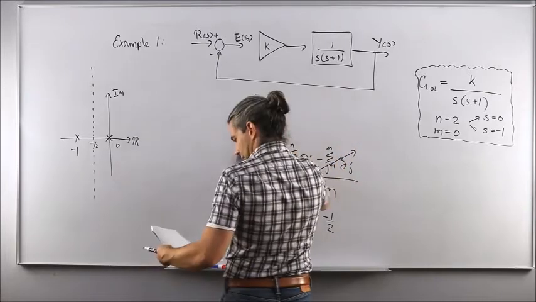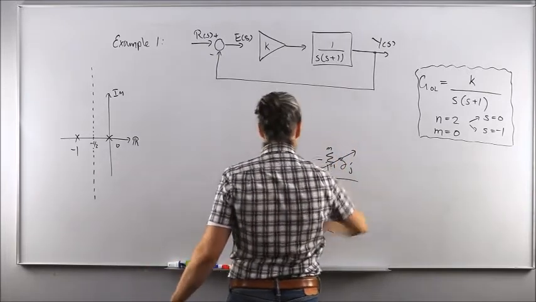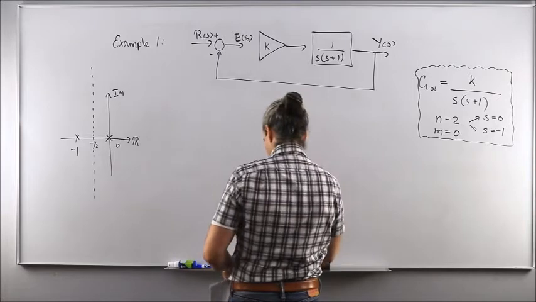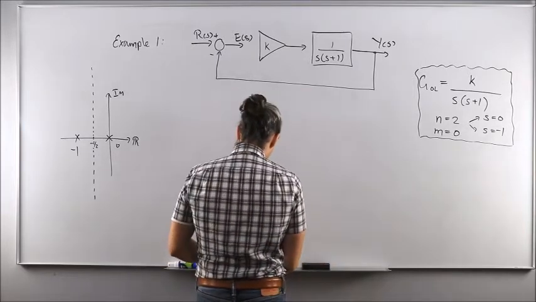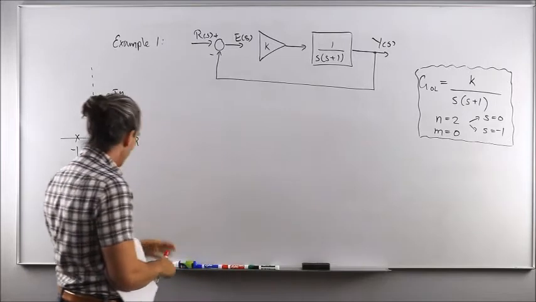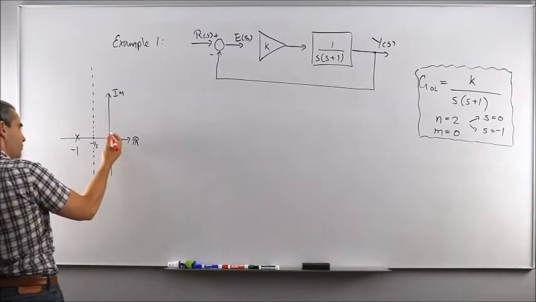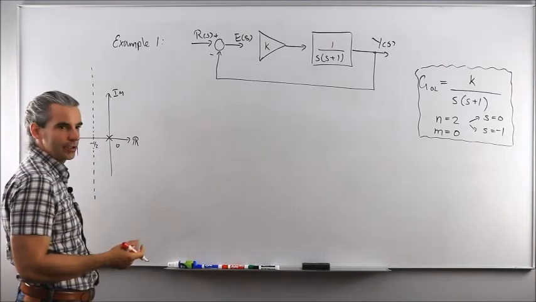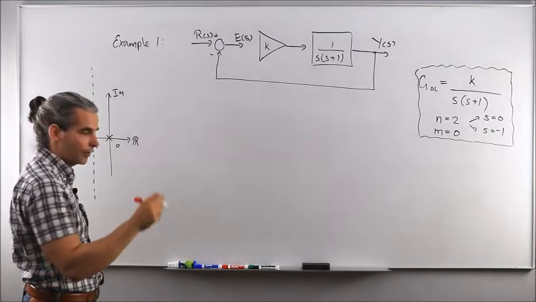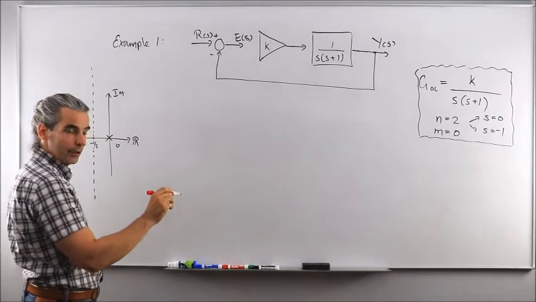Step 6, the root locus on the real axis. I'm going to use the red marker for that. And that's where you need to count all the objects you encounter starting at the origin and moving to the left. Whenever that number of objects is equal to an odd number, you drop the pen down and you draw.